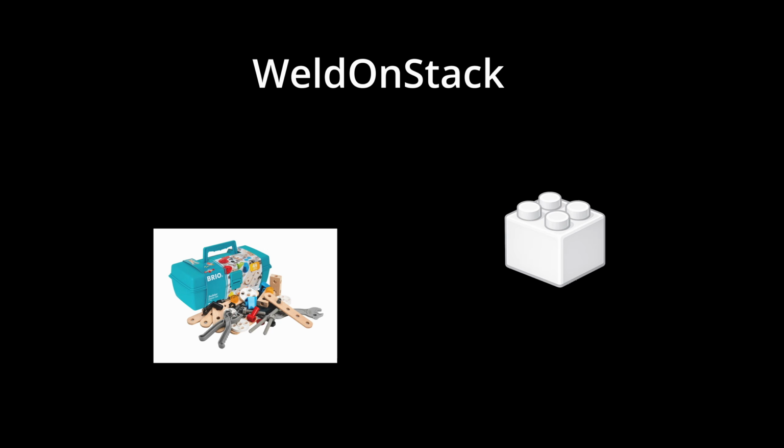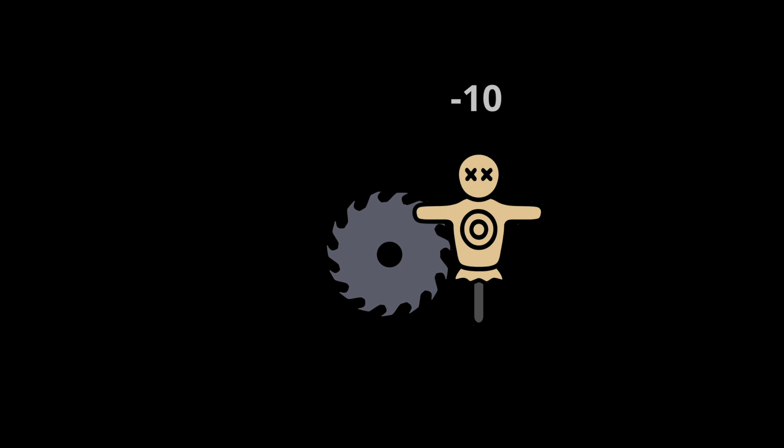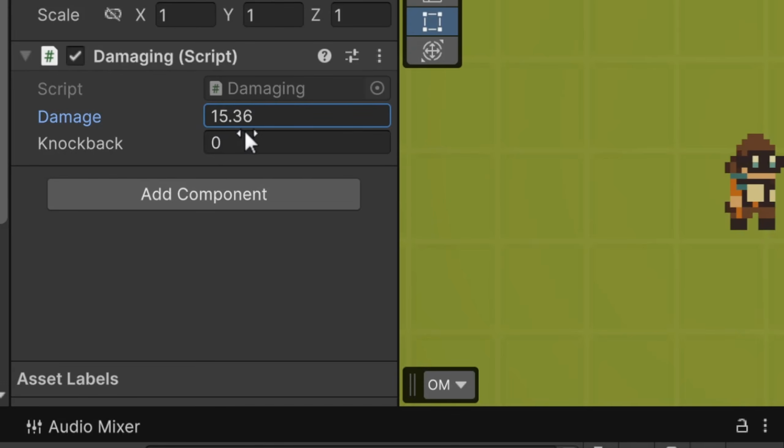The second component is the damage component, because we need some way for the Sawblade to deal damage. I initially planned to use the damaging component together with a new component called something like damage by velocity. My idea was that the damage by velocity component would be updating the damaging value of the damaging component.